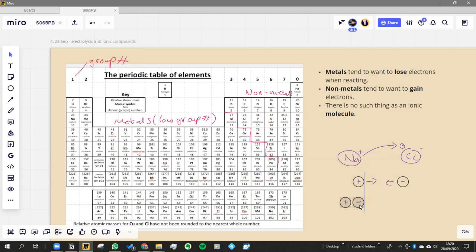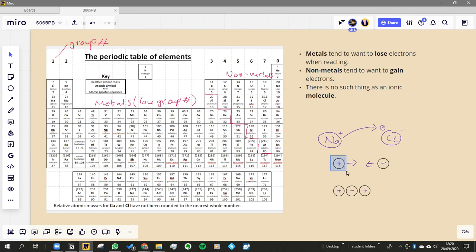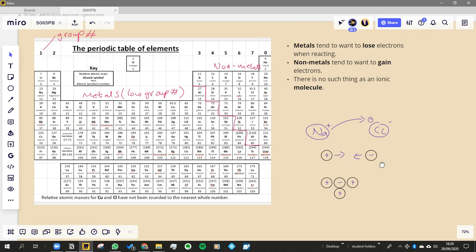But on the right hand side of that negative ion, the chloride ion, it would still attract another positive ion. So it would be fine if a positive ion came into contact with that right hand side, and also the underside as well, right? And in the same way, if a chloride ion came over here, it would nicely fit there because it's going to be attracted to these two positive ions.